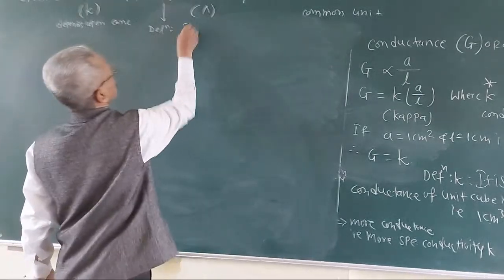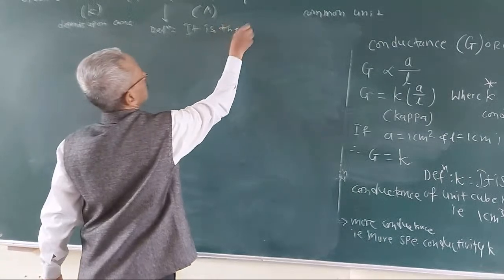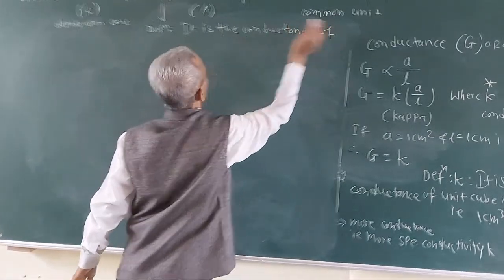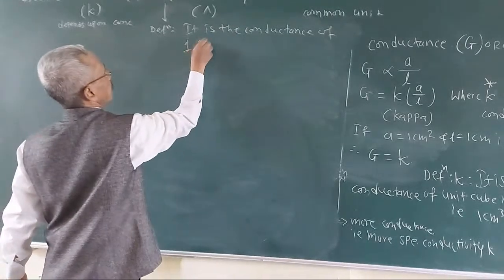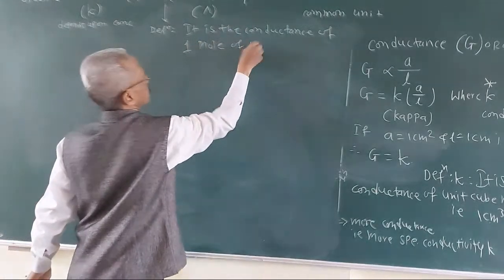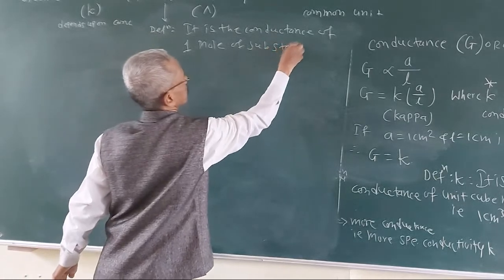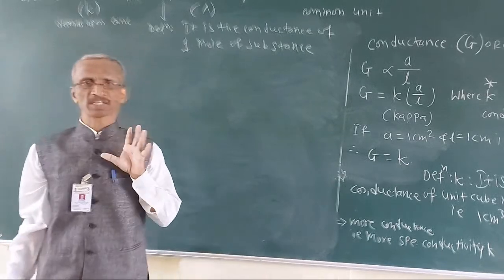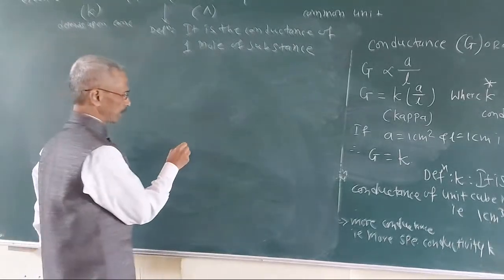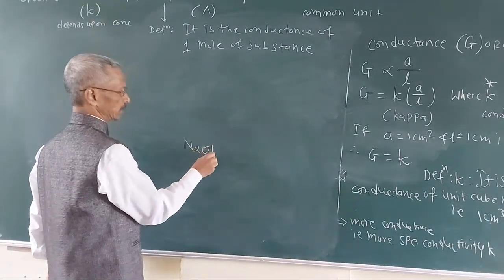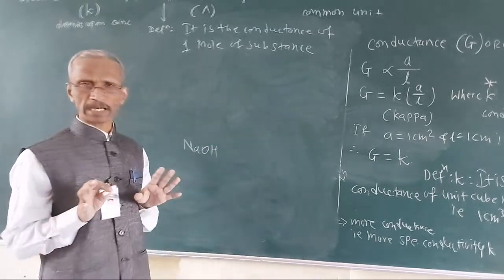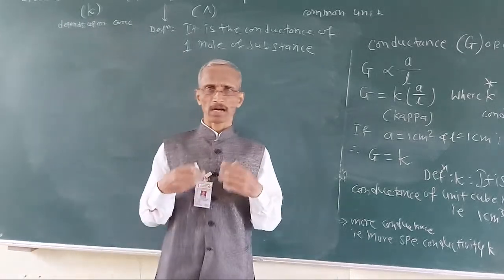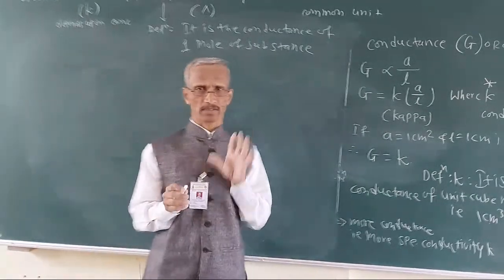Now, let us consider the molar conductivity from the definition. That is the conductance of 1 mole of substance. That means the substance amount is fixed. If you consider one example, sodium hydroxide is an electrolyte. What is an electrolyte? When dissolved in water, it ionizes and gives ions.